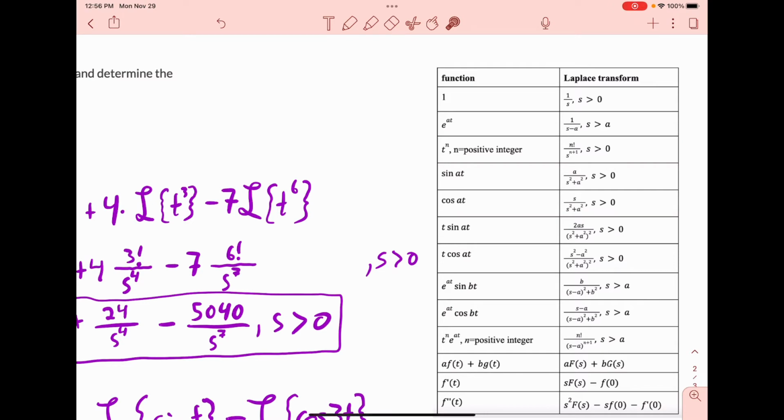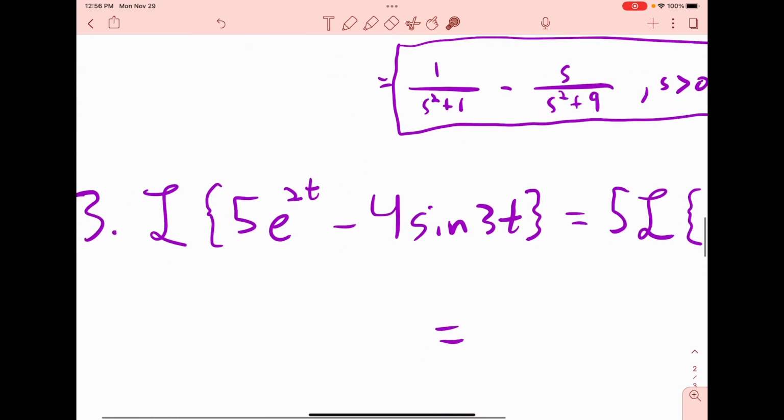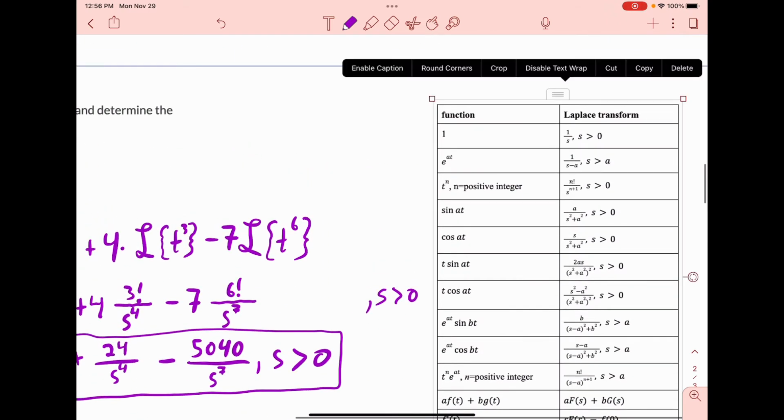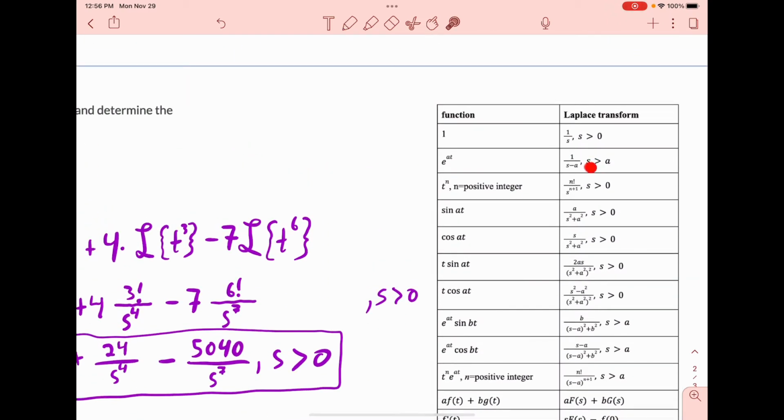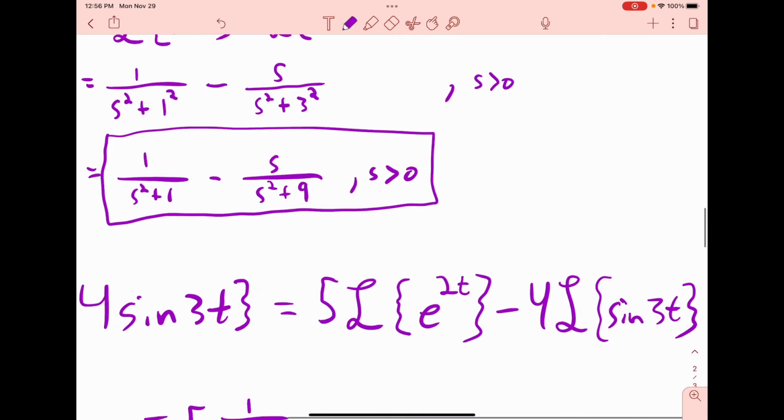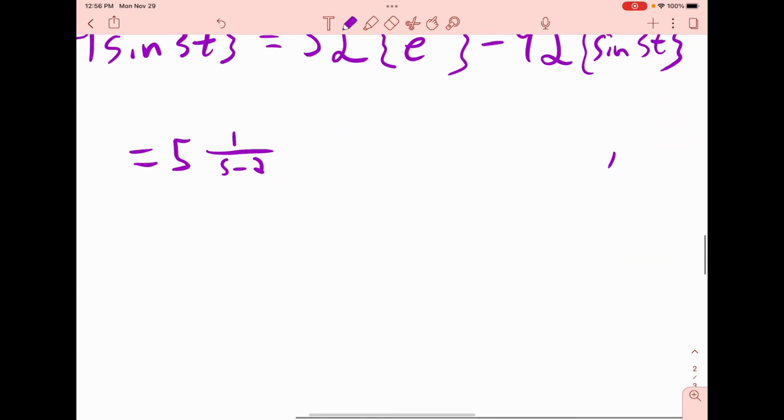In our case, that number a is 2, since this is e to the 2t. And so this is going to be, keeping the 5 from the front, 1 over s minus 2. And here the restriction is that s is bigger not than 0, but bigger than a. So in this case, since a is 2, we're going to have s bigger than 2.